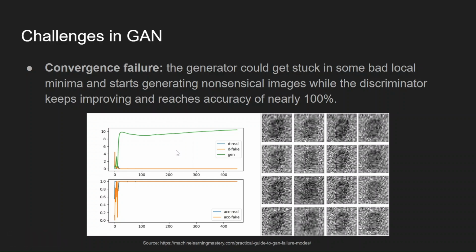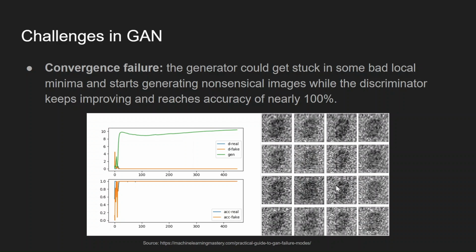This kind of graph shows that we have a convergence problem, and similarly right below we have the accuracy plot, and here as you can see the accuracy of our discriminator is increasing and it has reached 1, or 100%, while upon inspection we can see that the generator is producing nonsensical images. It's like just noise. There is nothing. We have a dark spot right in the center of each image, but still it doesn't make sense.